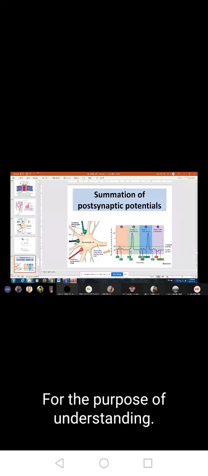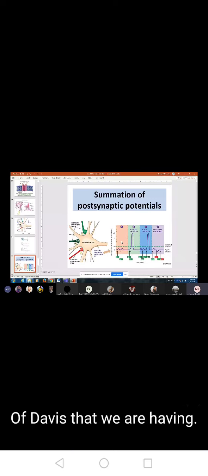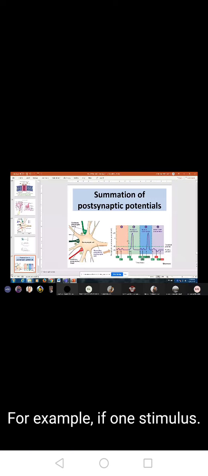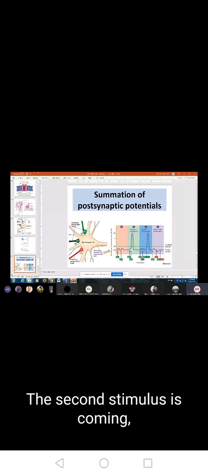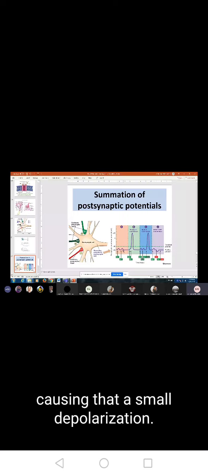Now, for the purpose of understanding the events, for example, if one stimulus causes that small depolarization, the second stimulus is coming, causing another small depolarization.